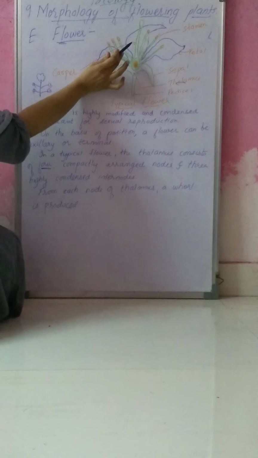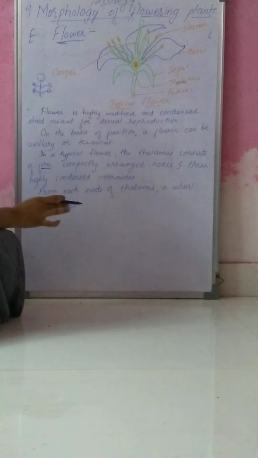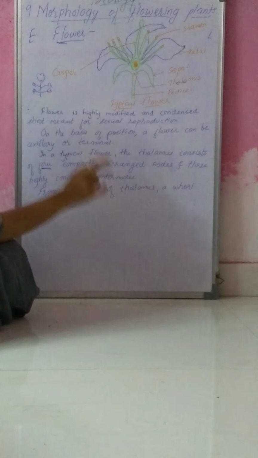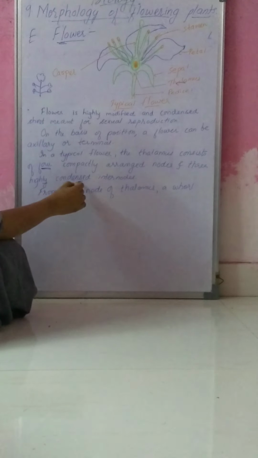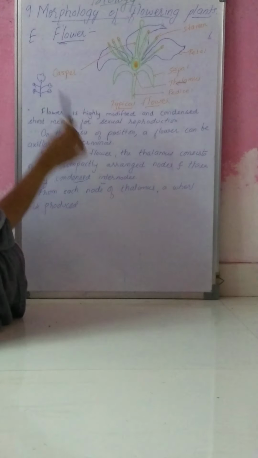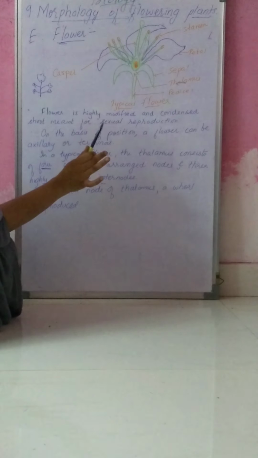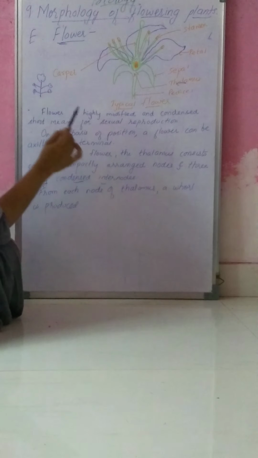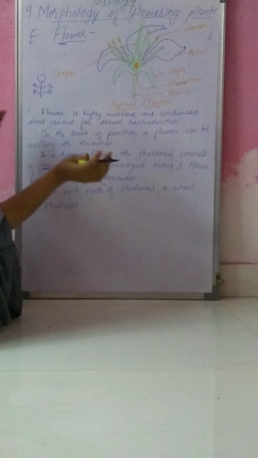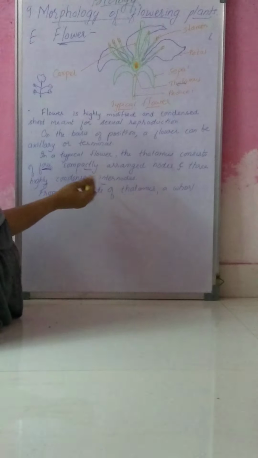In the thalamus, 4 compactly arranged nodes are present, and 3 highly condensed internodes. The thalamus is typically a typical flower. Then a thalamus consists of 4 compactly arranged nodes and 3 highly condensed internodes.